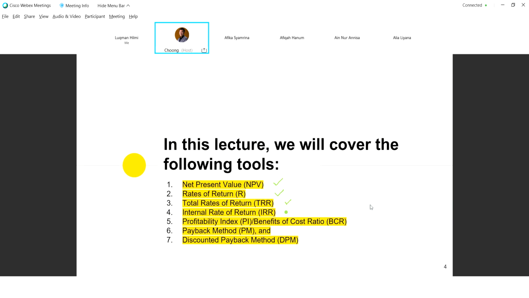Yang biasa orang calculate dalam feasibility study adalah internal rate of return, dan juga mungkin ada PI, profitability index juga. PI is not that popular actually. NPV yes, IRR yes, PI yes, the profitability index. TRR is a less popular one because there are some weaknesses about this TRR yang kita akan discuss dalam kelas seterusnya.